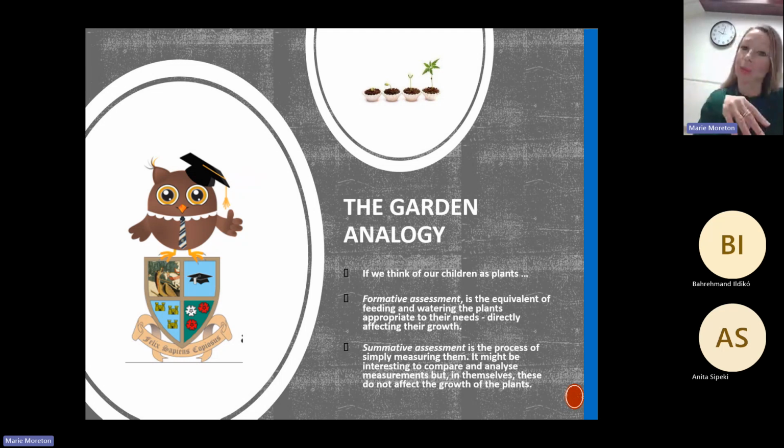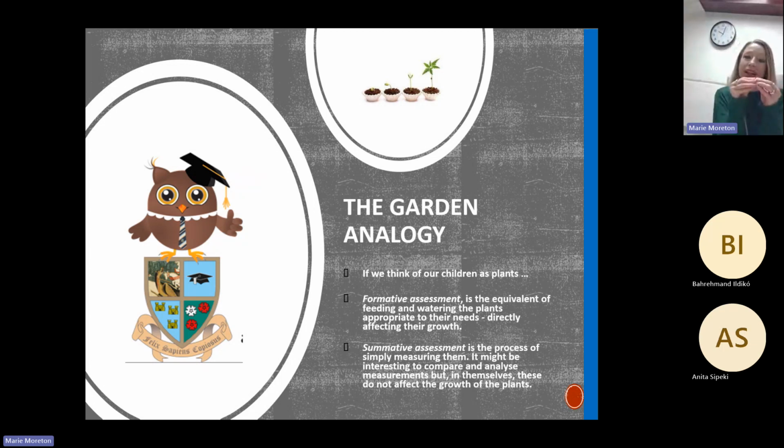So we might add a little bit more water, a little bit more sun, a little bit more plant food and nutrients according to what they need. And the measurements that we're taking affect our behaviour and have a direct impact on how well they grow. A little like our assessments.